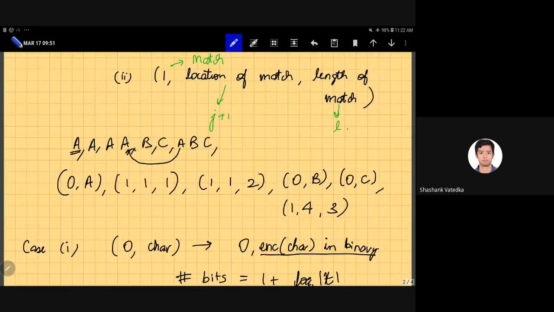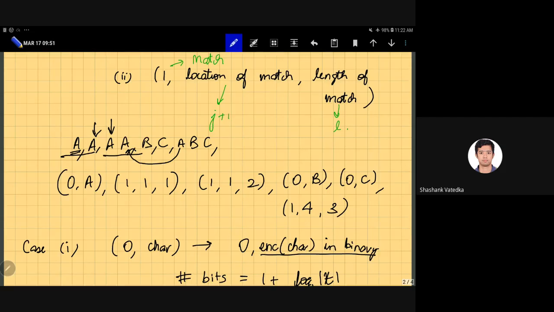So let's say that we are at this particular location. Let's look at the third phrase. When I'm looking for the longest matching phrase, I'm always considering a match. So the entire substring over here, starting from this point, should match till this point, right? And I'm basically not allowing an overlap.